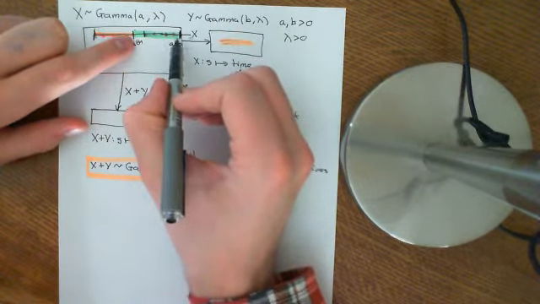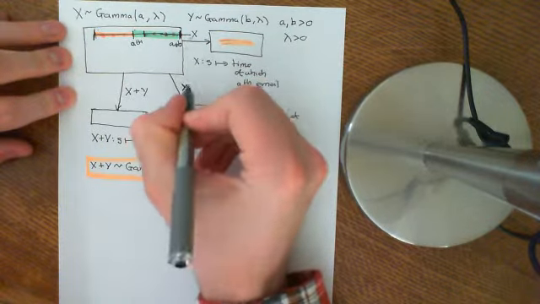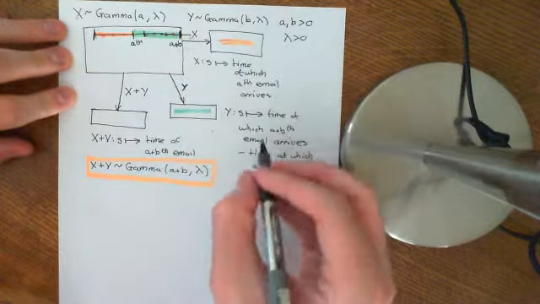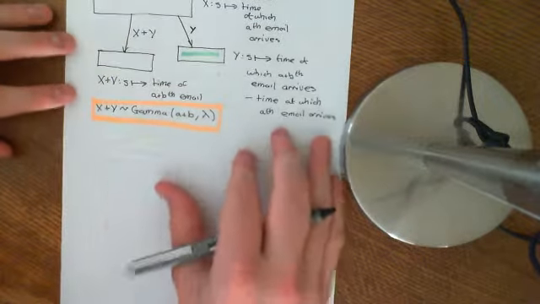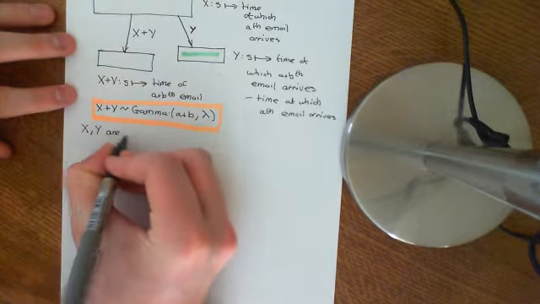So this interval here is completely independent of this interval. So X and Y in this intuitive case we were viewing as being independent. So that's going to be an important assumption. We're going to assume that X and Y are independent.